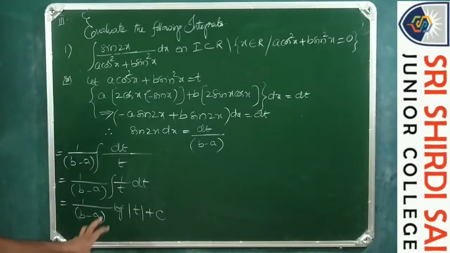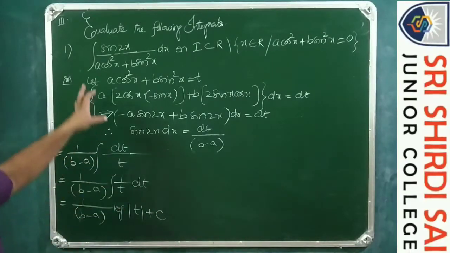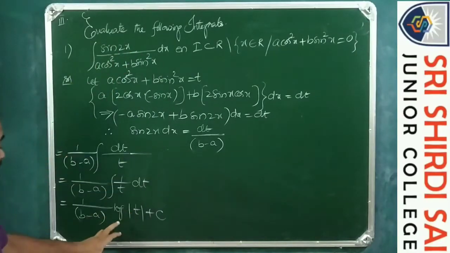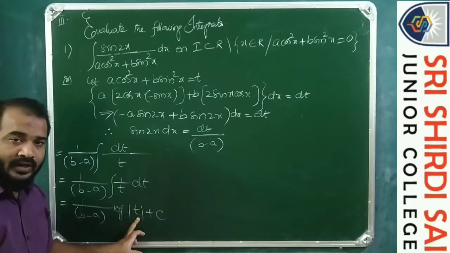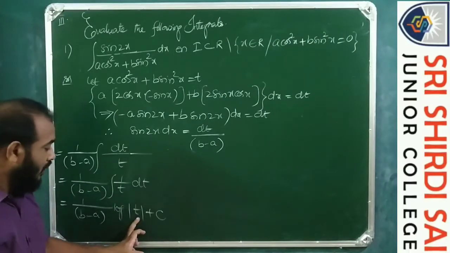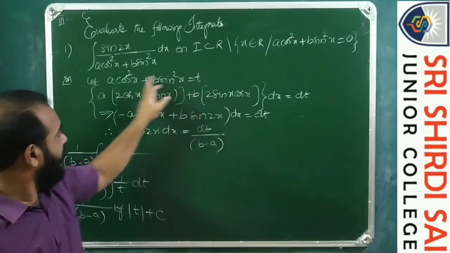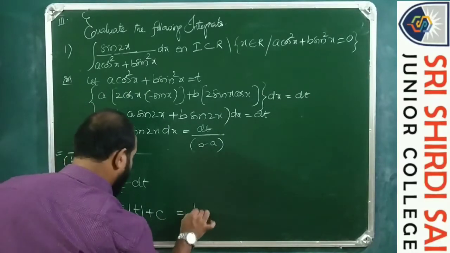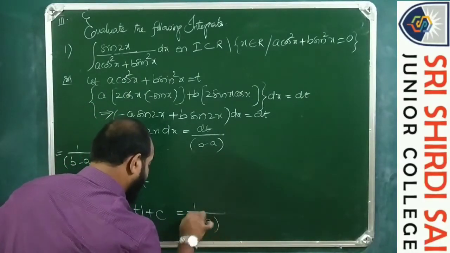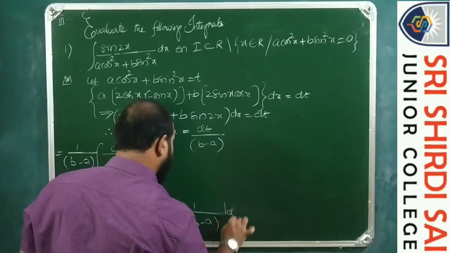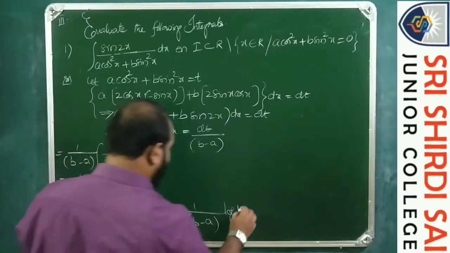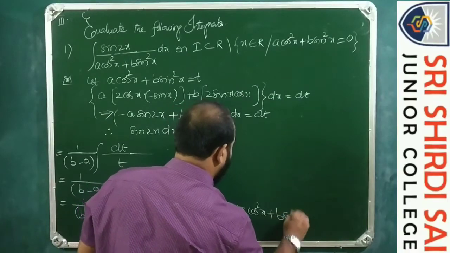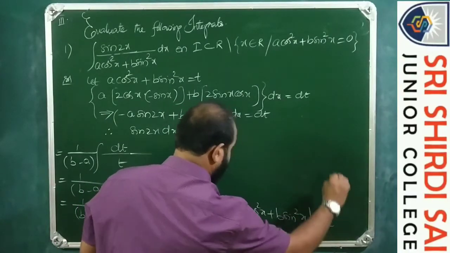But this is not the final answer, since the given integrand is in terms of x, but the answer we have got is in terms of t. So t we need to substitute back as a cos square x plus b sin square x. Therefore this is equals to 1 by (b minus a) log of (a cos square x plus b sin square x) plus constant of integration c.